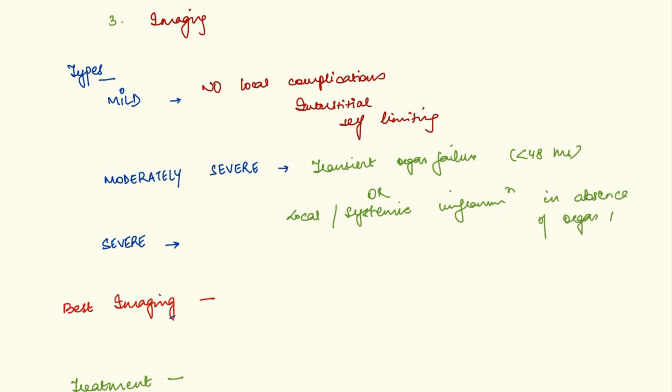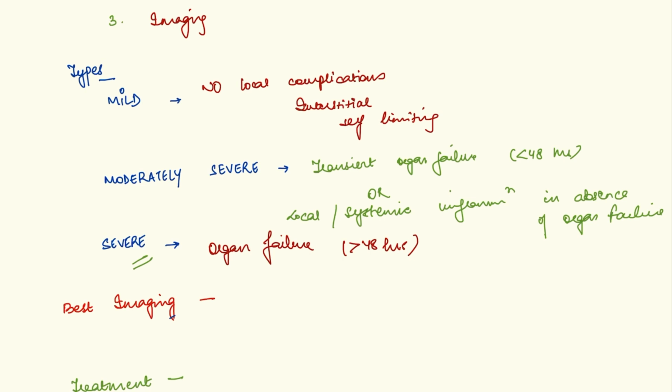And the third one, which is severe, there will be persistent organ failure. It will stay for more than 48 hours. It could stay for either 1 week or 2 weeks also, so depending on that.